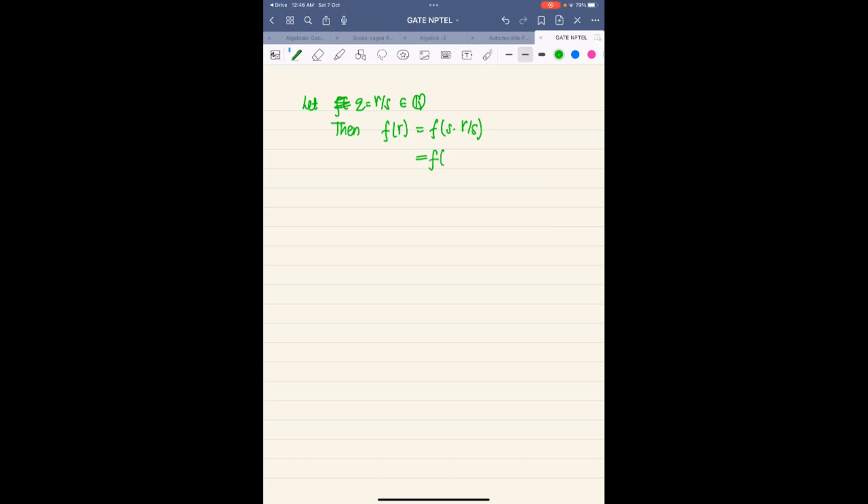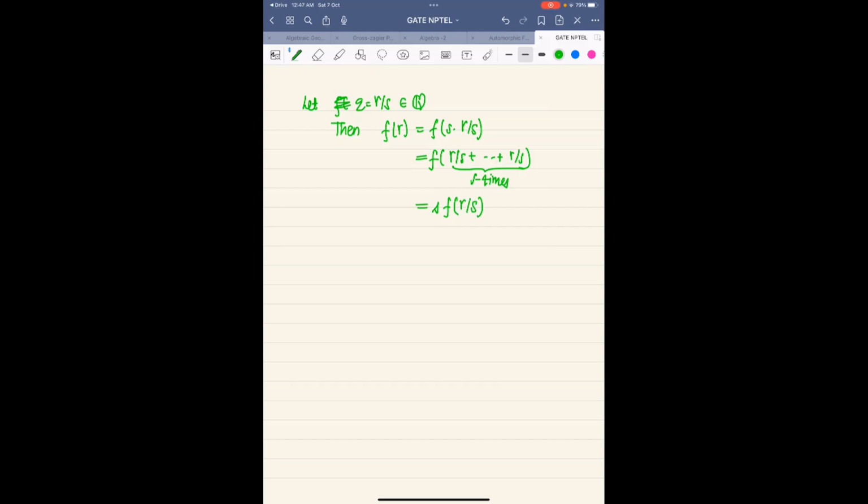So this can be written as f of r by s plus ... plus r by s, s times, and by additivity this equals s times f of r by s.